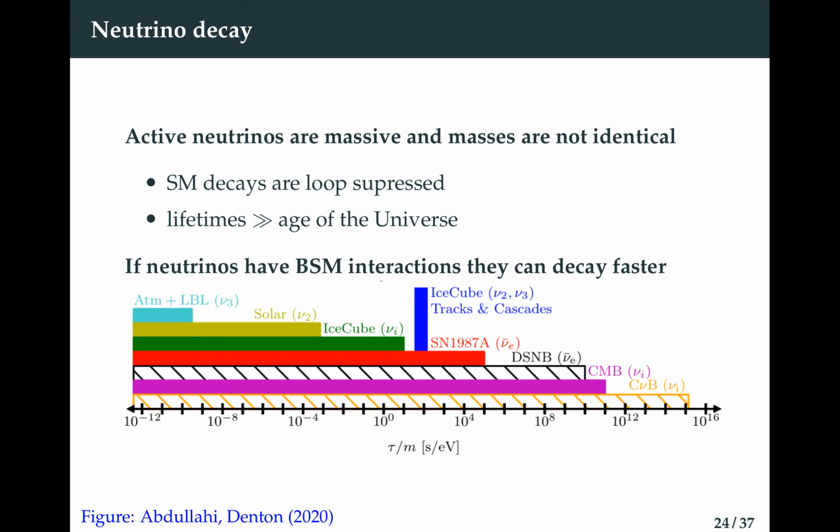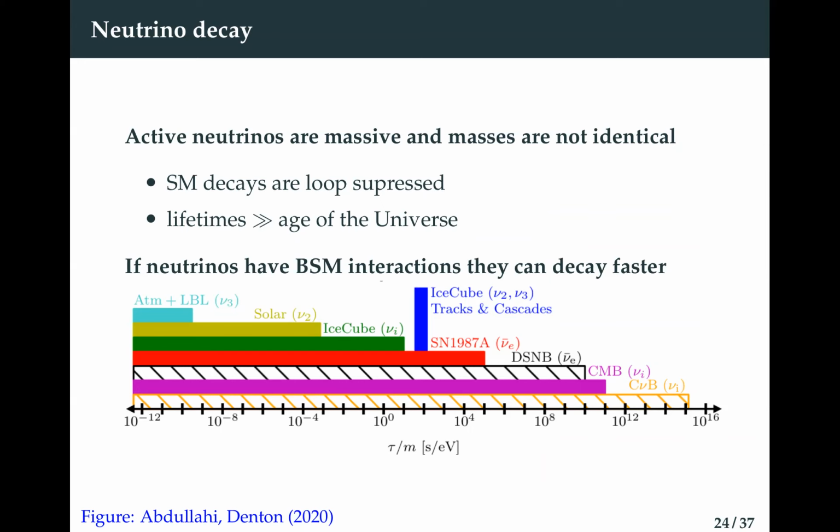But if neutrinos are coupling to some other beyond the standard model mediator, which they might as well, because they are the only particles which have beyond the standard model physics, then they also can decay. And because the DSNB neutrinos travel over very, very long baselines, it means that they have a lot of time to decay.